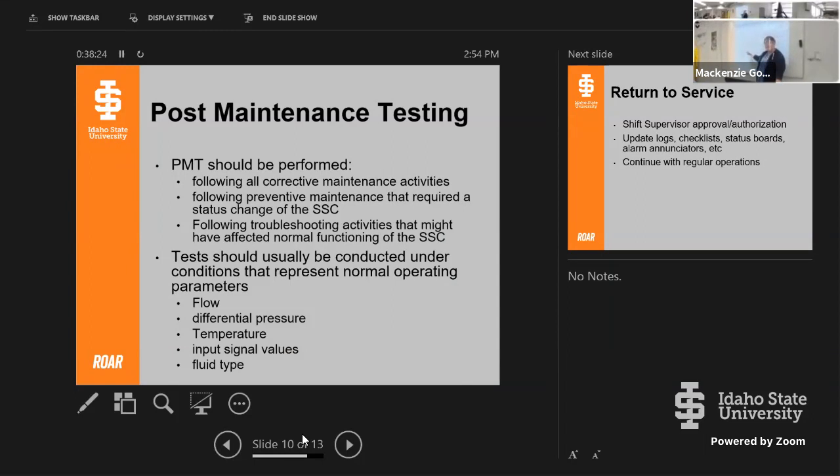For post-maintenance testing, to actually prove that your system has its intended functionality and operability, your actual test needs to be done at conditions that mimic reality, right? You can't drop the flow to half of its normal rate and say, yep, I tested that that valve works, right? That additional flow may change a lot of things about that valve, okay? So making sure whatever parameters you have that are relevant to your SSC, when you do your post-maintenance testing, you're actually mimicking reality.